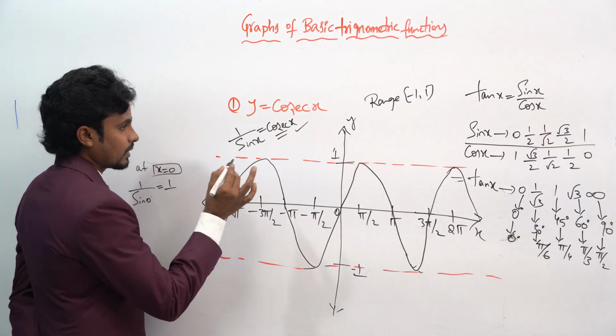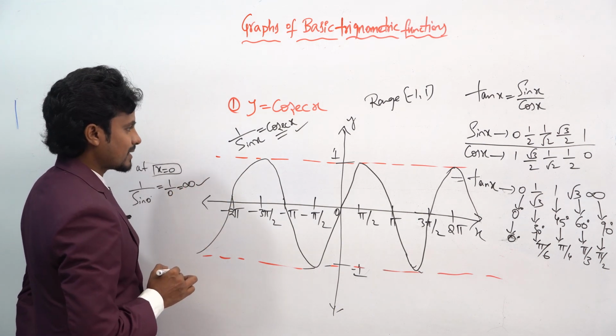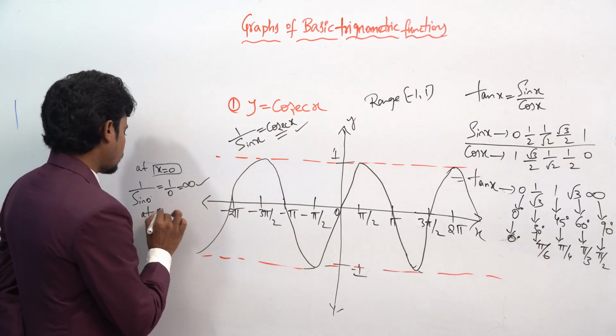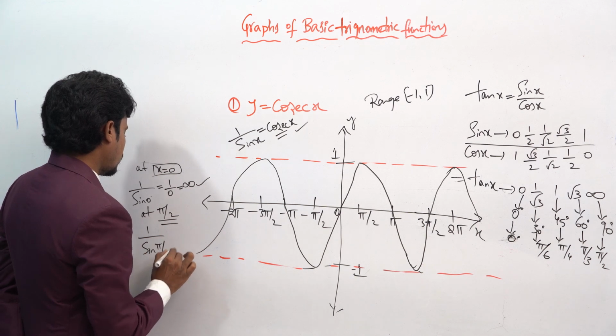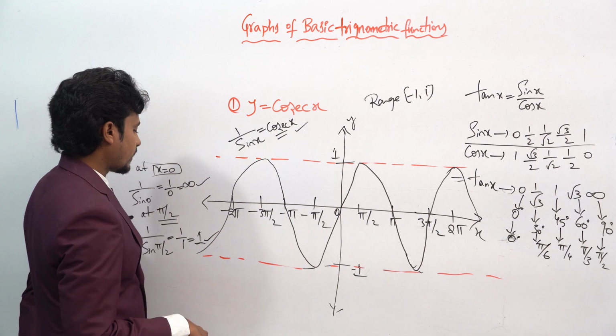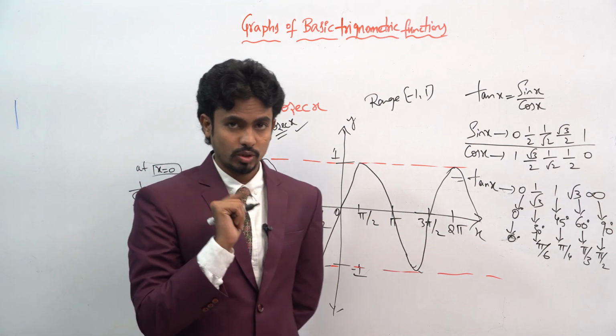Sin 0 is 0, and 1 divided by 0 you will get infinite. For example, if you check at pi by 2, what will happen? 1 divided by sin pi by 2 is equal to 1 divided by 1, you will get 1. Okay, at 0 you will get infinite, so you get an asymptote, right?